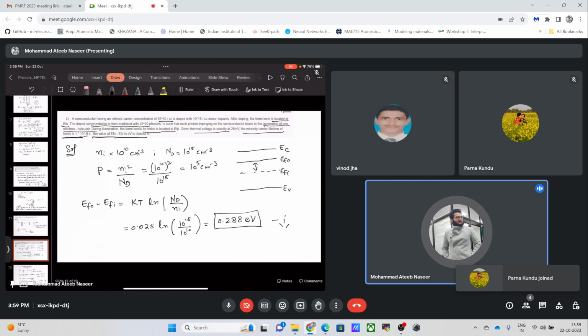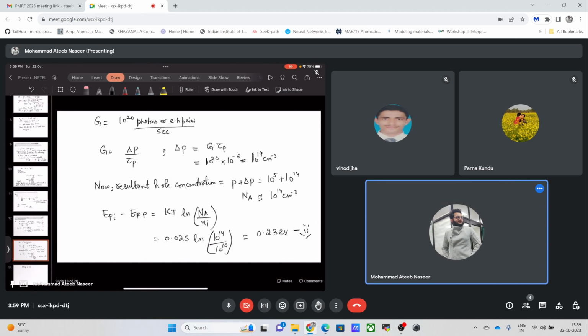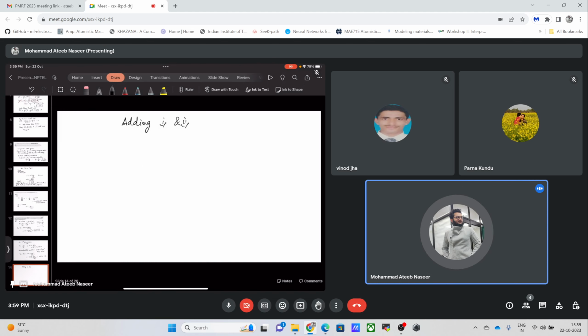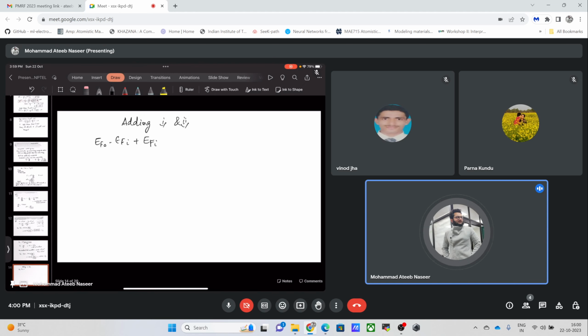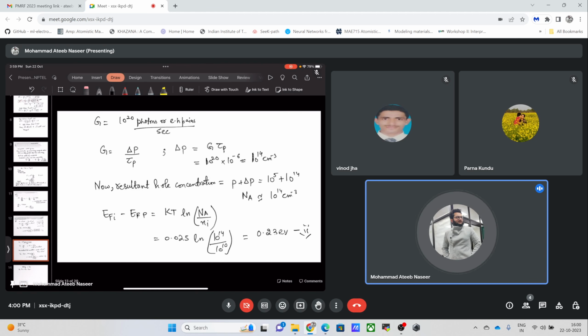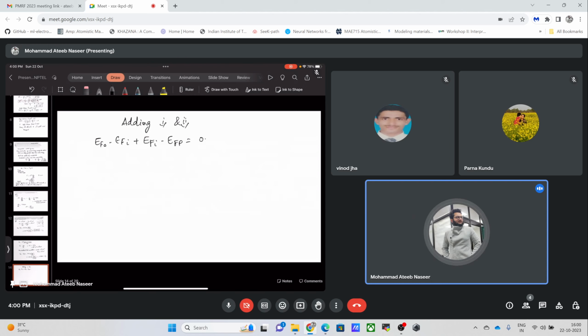So if we add these two equations, adding equation 1 and 2, we will be left with EF naught minus EFI plus EFI minus EFP, which is simply equal to the addition of these two, 0.288 plus 0.23.